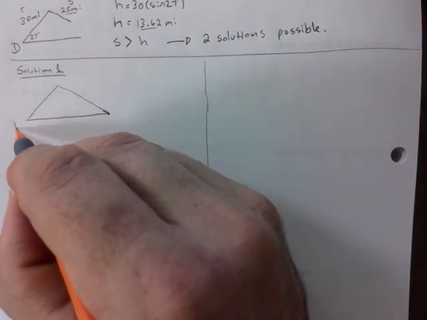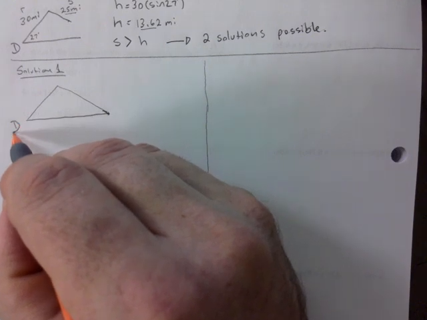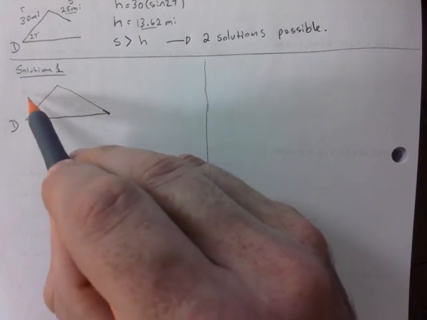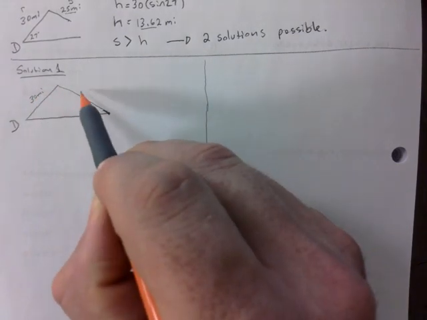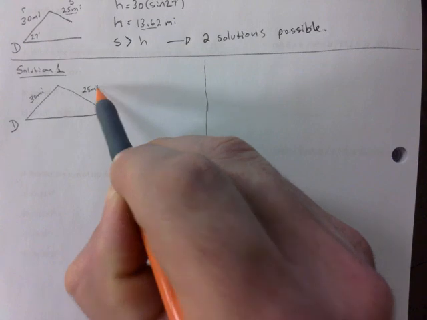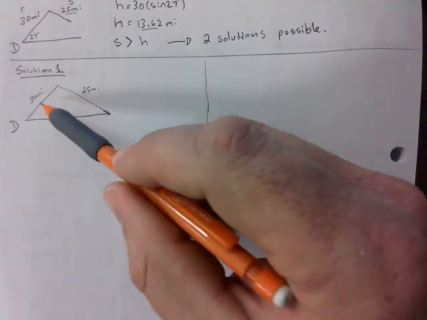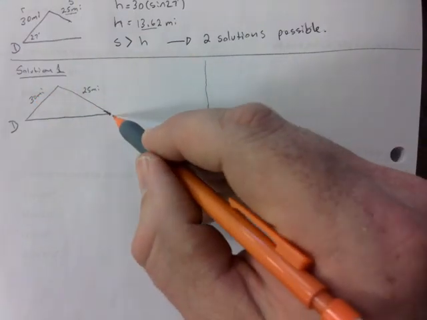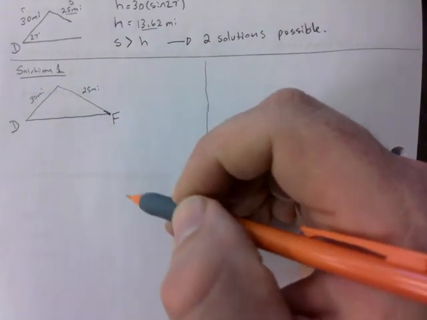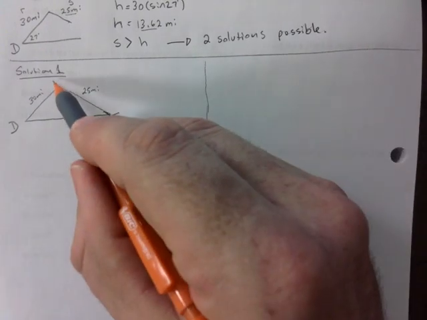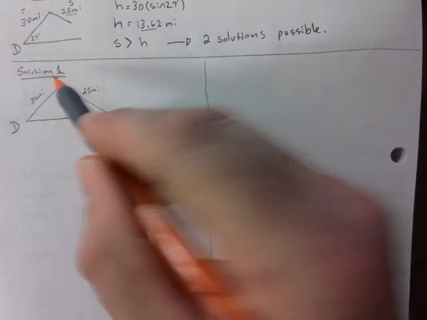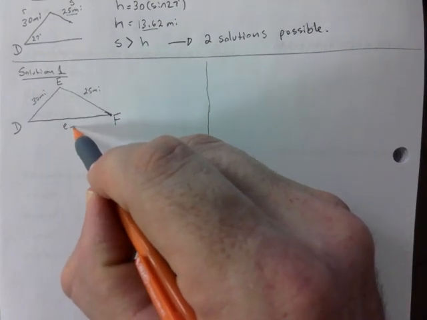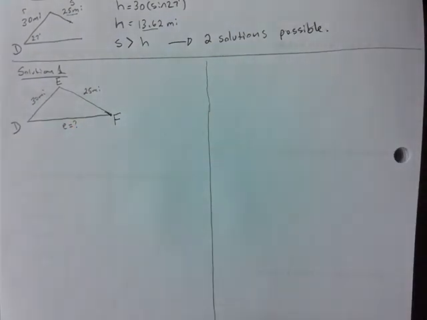So what goes here? It goes D, and you got to be careful. What will go over here? Because remember, I put this 30 miles. I want to keep it as close as possible to what I started with. Now, 30 miles was side what? Side F, correct? So that means that angle F will be here, and therefore angle E, because it's triangle DEF, will be up there. So it's asking for this side. That's what we're wondering about.